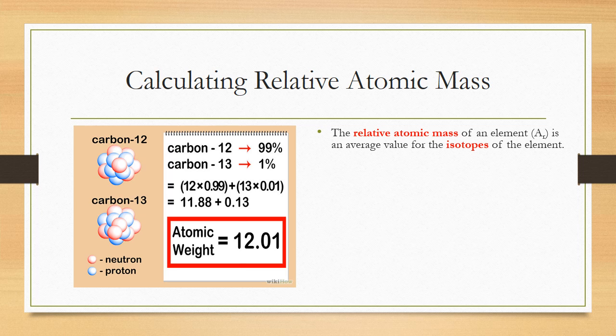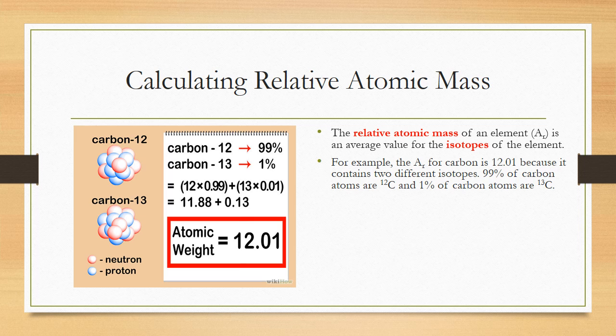So here's the example. Most of the carbon in the universe is carbon 12, about 99%, about 1% is carbon 13, and about 0.01% is carbon 14. So we add those together to give an atomic weight of roughly 12.01, which is what we've seen here in the diagram.